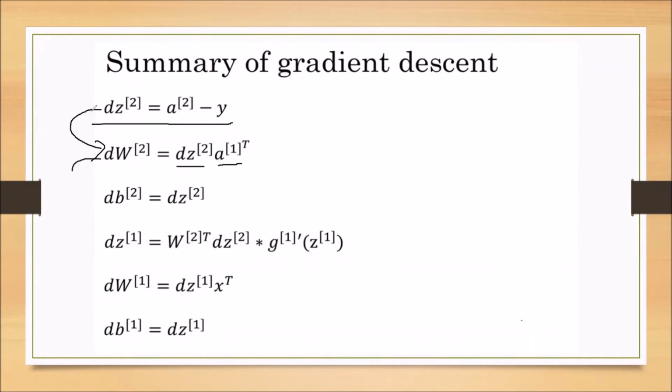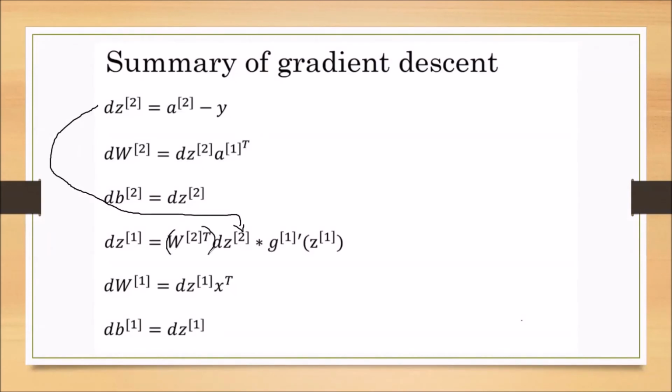Using the same dz, we calculate db also. Now we have calculated dz1. How? By using the previous dz2, multiplying it with W2 transpose, and multiplying with g1 prime, the differentiation of all activation units of the first layer.